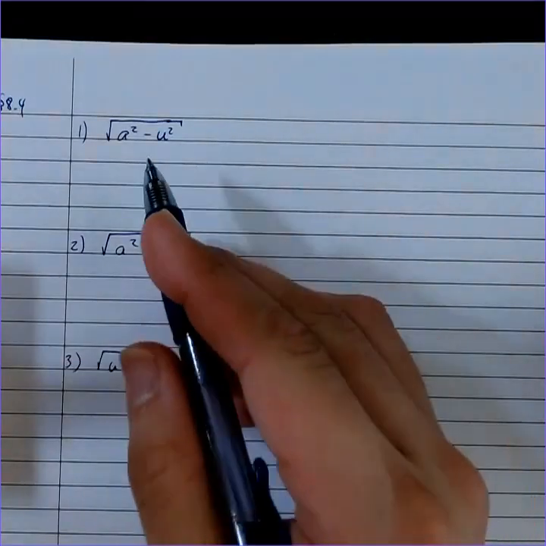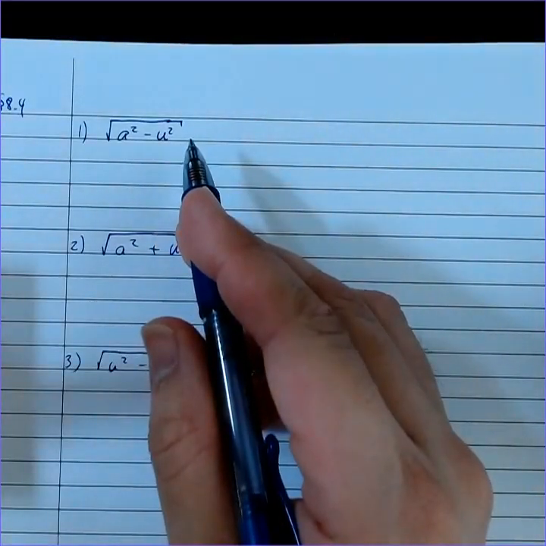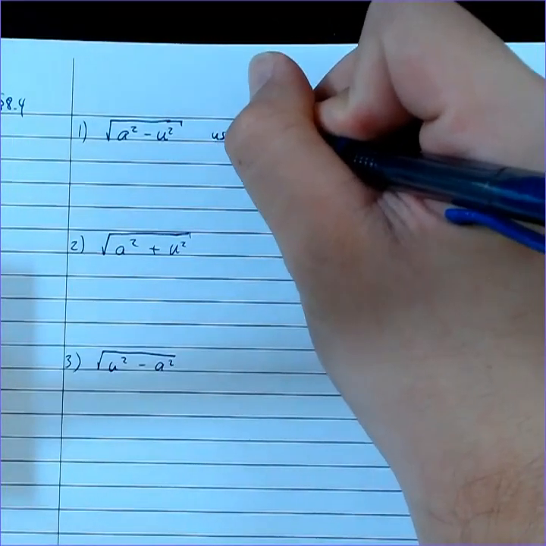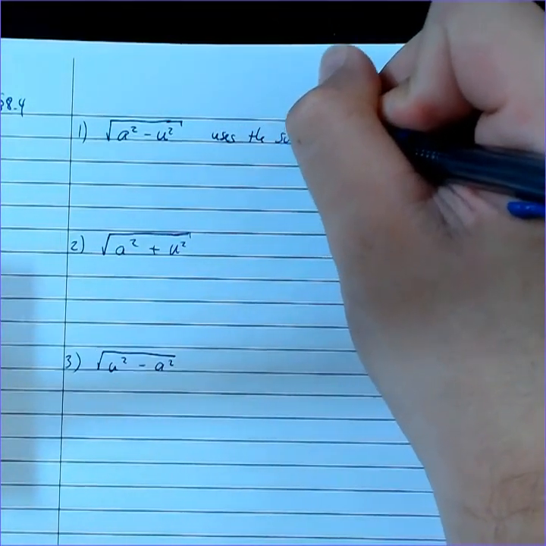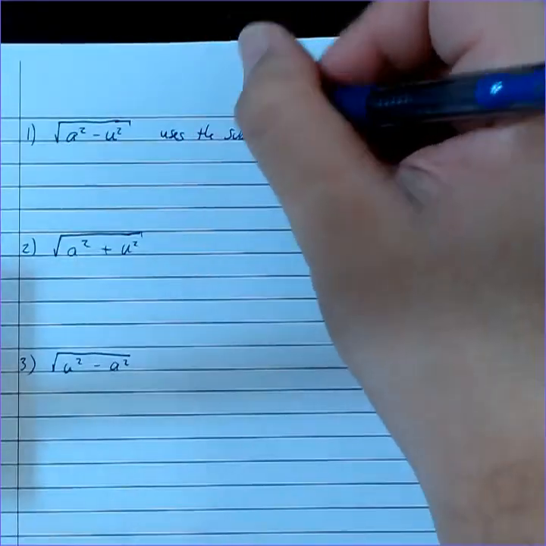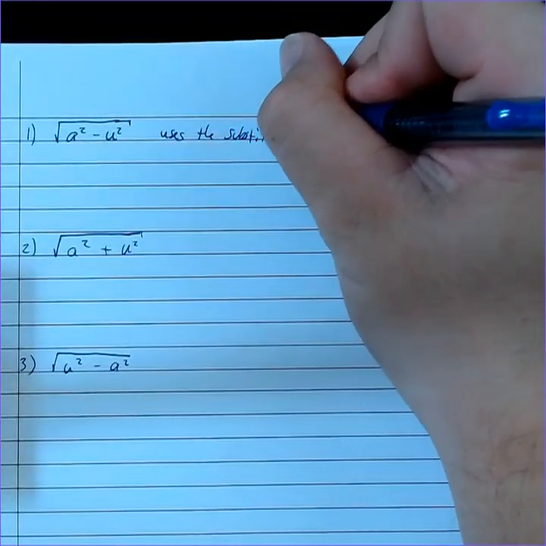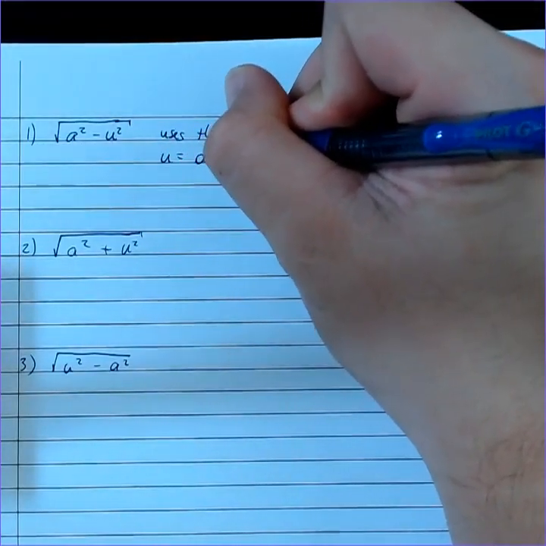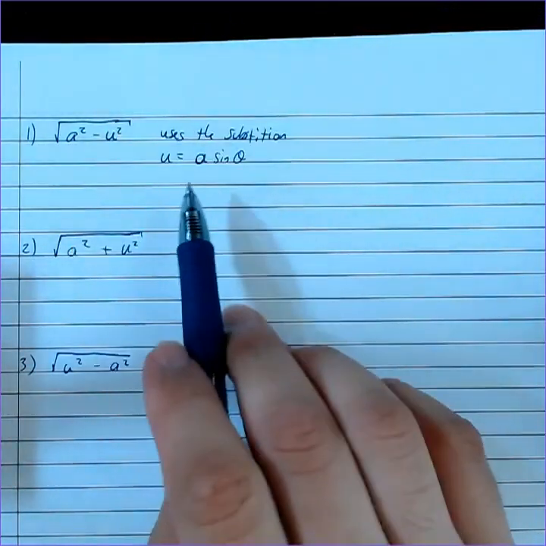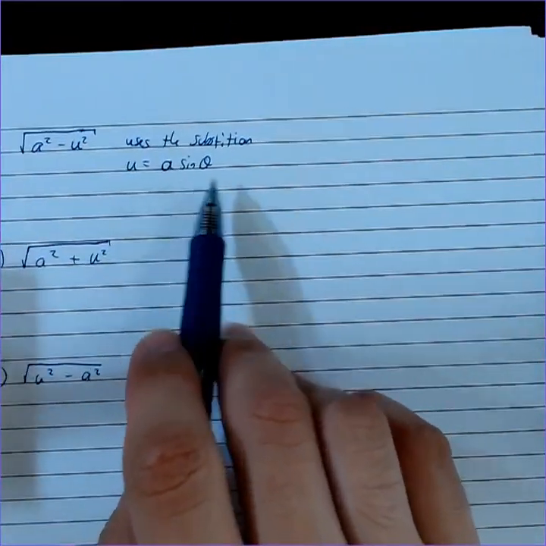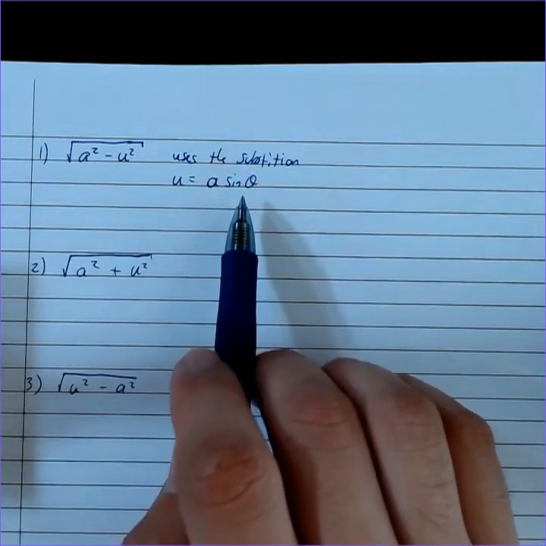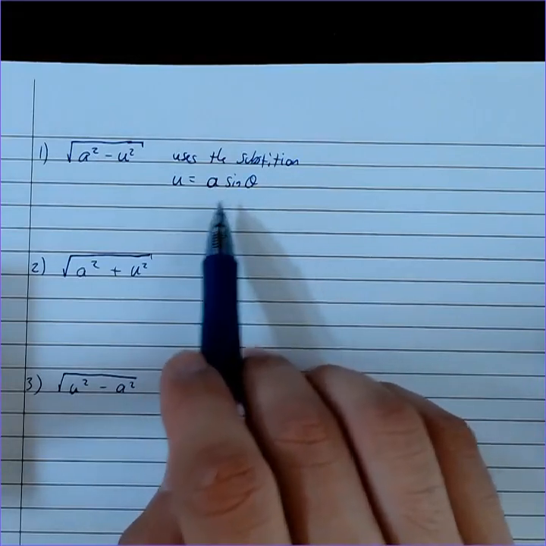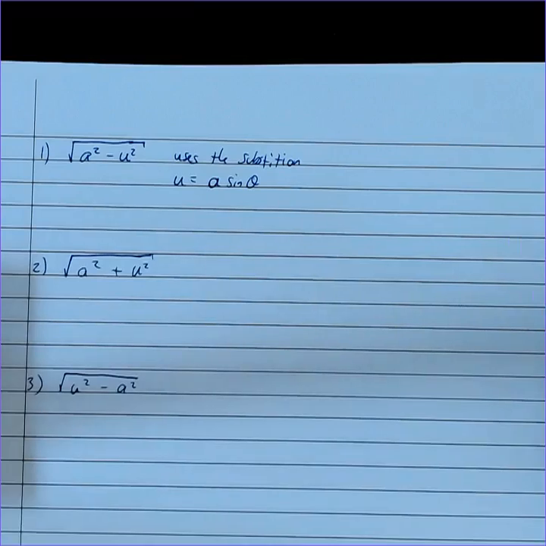If you have an expression that looks like this, then what we want to do is use the substitution u is equal to a times the sine of theta. Now that may seem a little arbitrary, but in a moment we'll see not only why that's a good selection, but also how to keep that straight to make sure that we know what is paired with which.